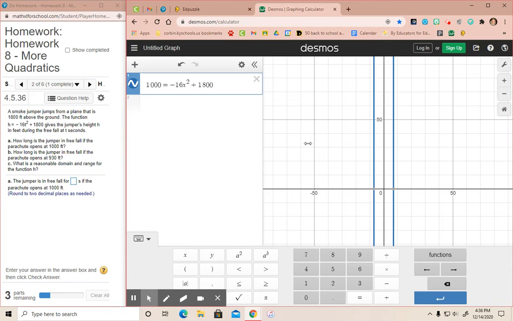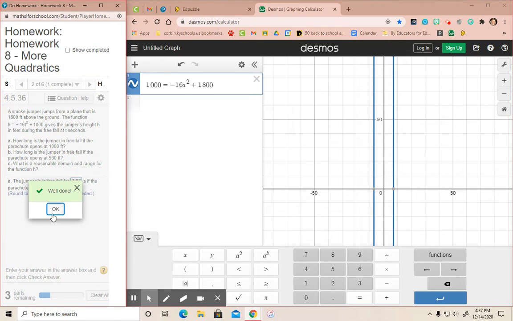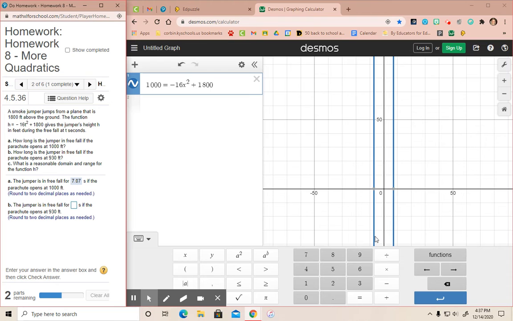Our t is our x, so we can look, and here it's 7.071. It says round to 2 decimal places, so 7.07 is our answer. Now, time cannot be negative, so we're not going to look at this negative side of the graph because time can only be positive. So we're going to look at the positive side, the positive x's.